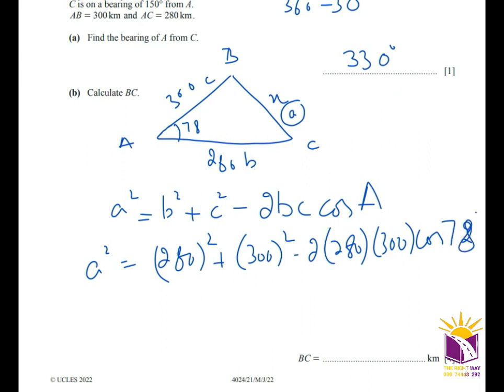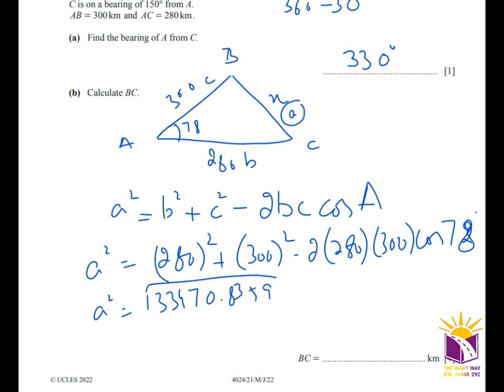So by calculator, 280 squared plus 300 squared minus 2 times 280 times 300 times cos 78, and it will be equal to a² equal to 133470.8359.